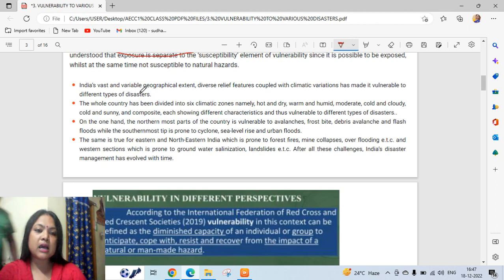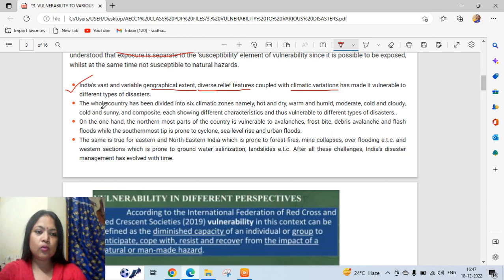India's vast and variable geographical extents, and diverse relief features, along with climatic variation, have made it vulnerable to different types of disasters. It means vulnerability to one disaster is dependent upon several factors like climatic variation, diverse relief features, and geographical extents.